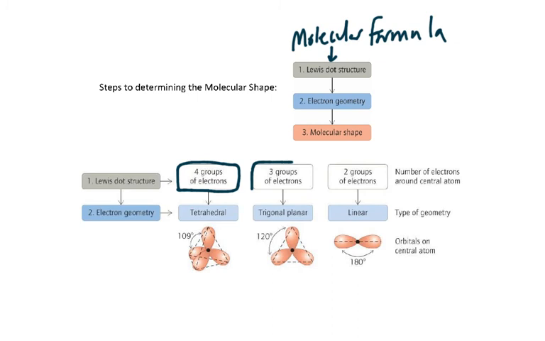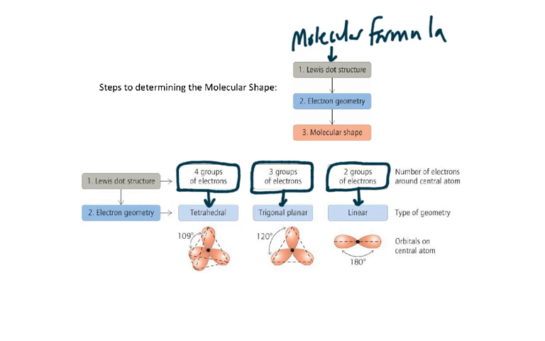Again, that's bonding locations and non-bonding pairs summed up together. And if there are 4 groups of electrons, then we get a tetrahedral shape. If there are 3 groups of electrons, we get trigonal planar. And if there are 2 groups of electrons, it must be linear. Okay, that's the type of electron geometry.